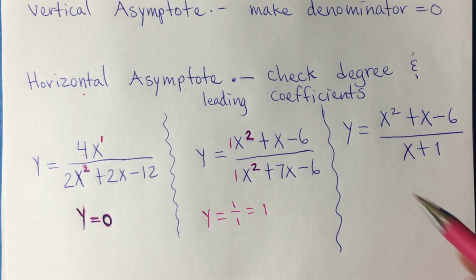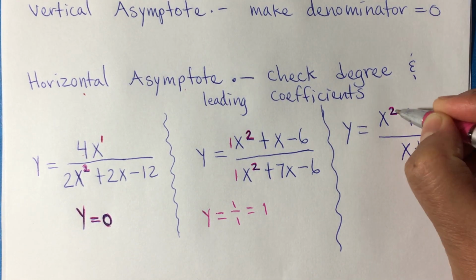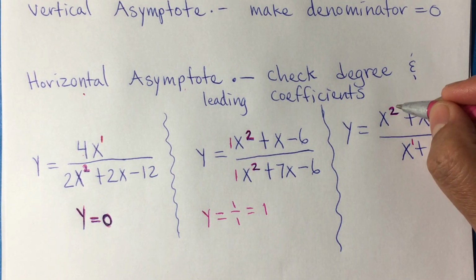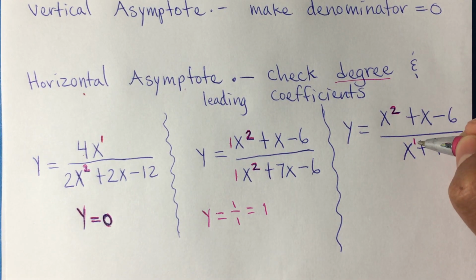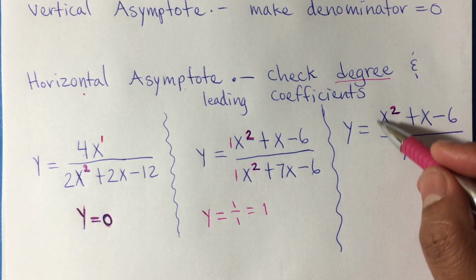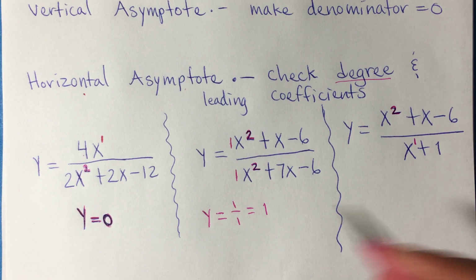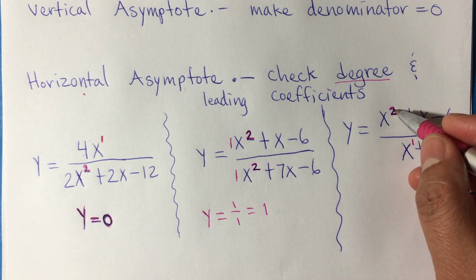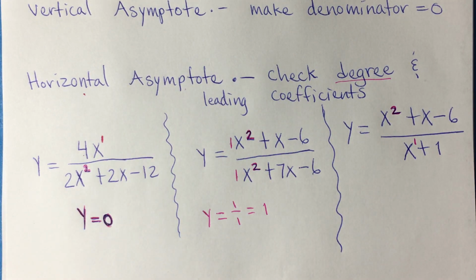Finally, which is going to be the case for this lesson, is that when it's top heavy, meaning that the degree in the numerator is greater, then we're going to divide the entire expression in the numerator by the denominator, and the answer will be the equation for my oblique asymptote. So they say if this is greater than this one, there is no horizontal asymptote, so it becomes a slanted one.